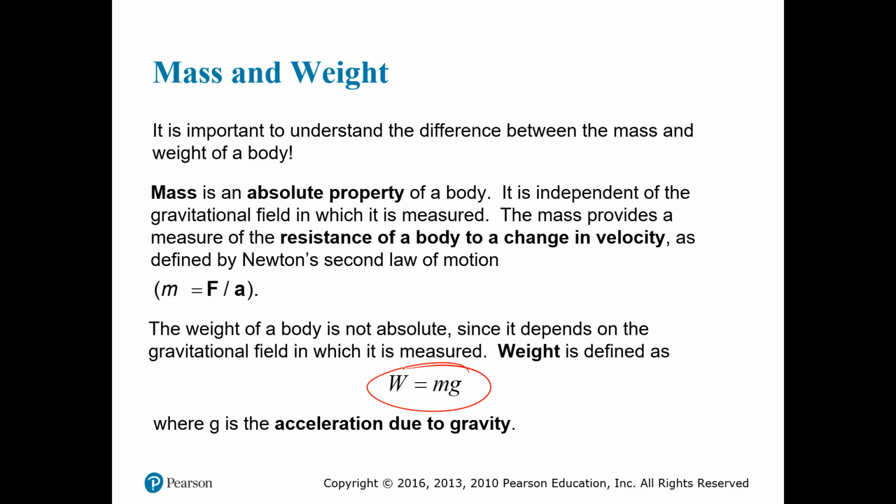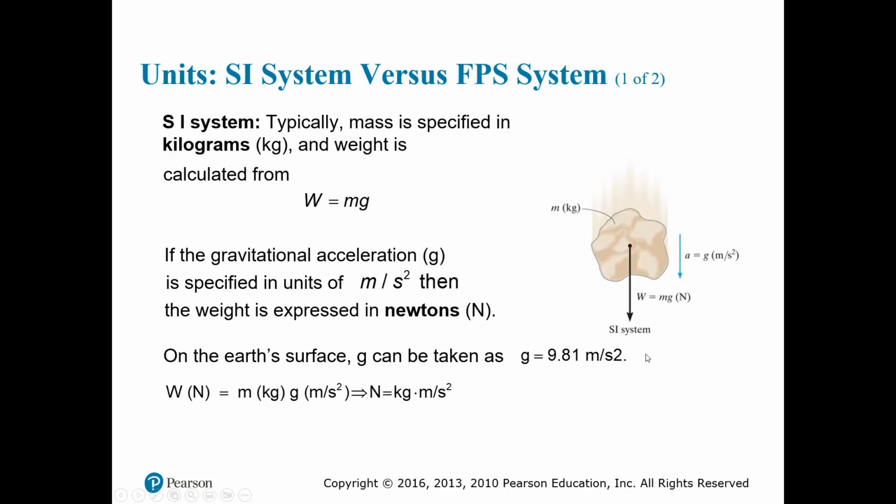The weight of a body is not absolute since it depends on the gravitational field in which it is measured. Weight is defined as mass times gravity. All right, don't forget that because people usually get confused with that. When you are treating these problems, you have to remember this.